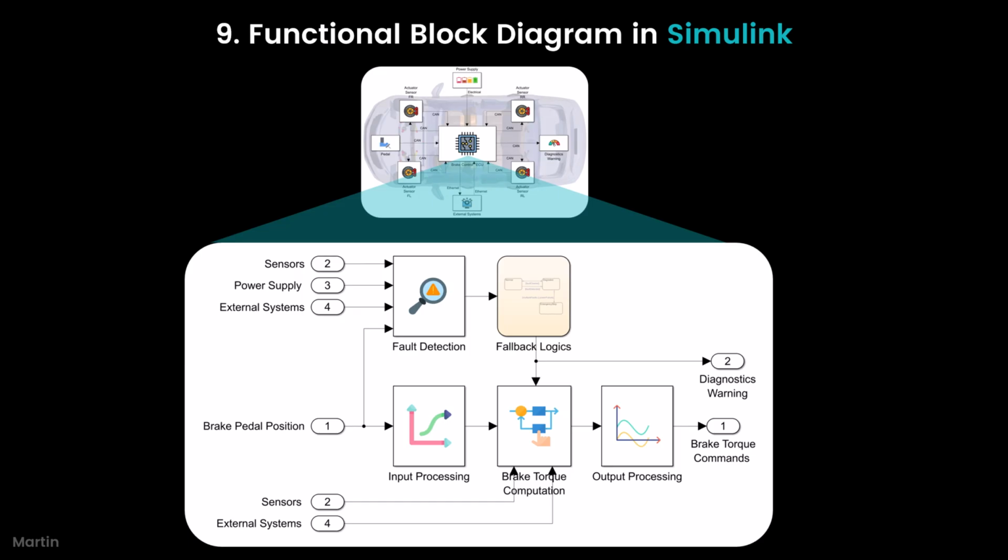This high-level system model in Simulink can serve as an executable specification, enabling early validation of system behavior through simulation. By providing a precise and testable representation of the system's functions and interactions, it facilitates communication among stakeholders and guides subsequent design and development activities.